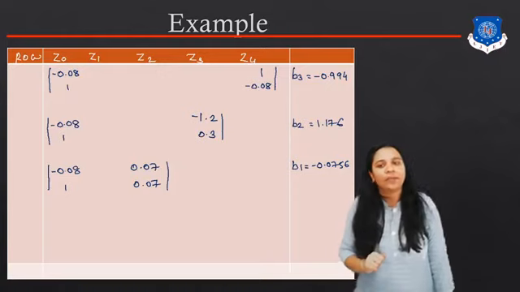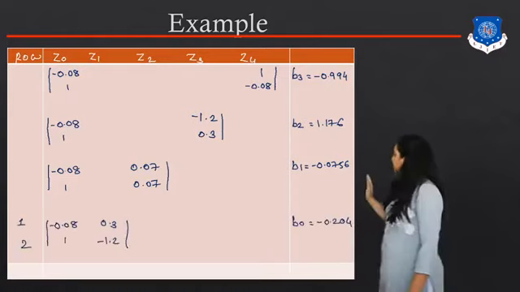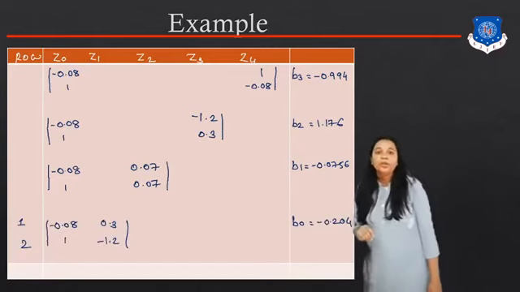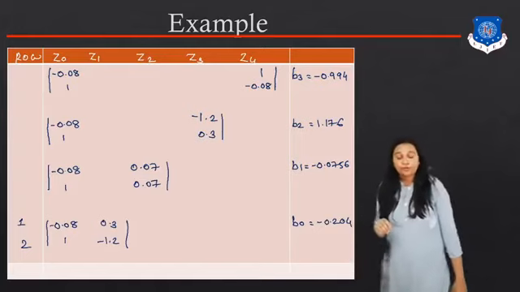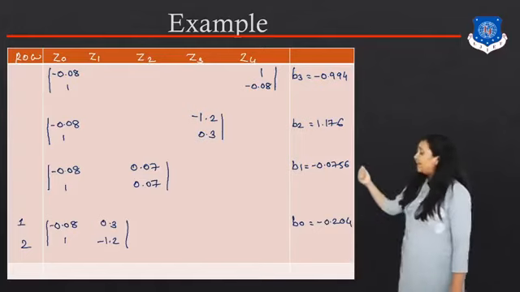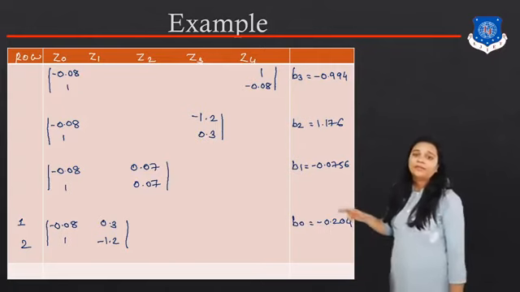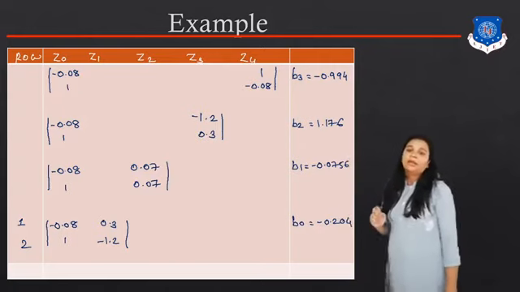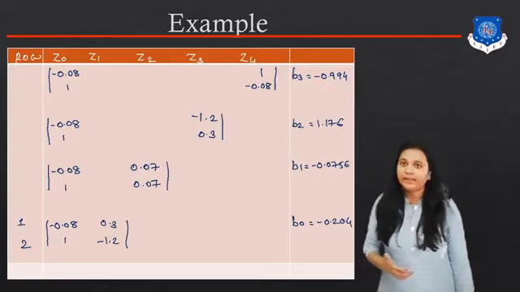B1 is equal to -0.0756, and the last: -0.08, 0.3, 1 and -1.2. We can get B0 equal to -0.204. So using the unit stability table, first of all we find the values of B0, B1, B2 and B3. Now the next step is to find the values of C0, C1 and C2.